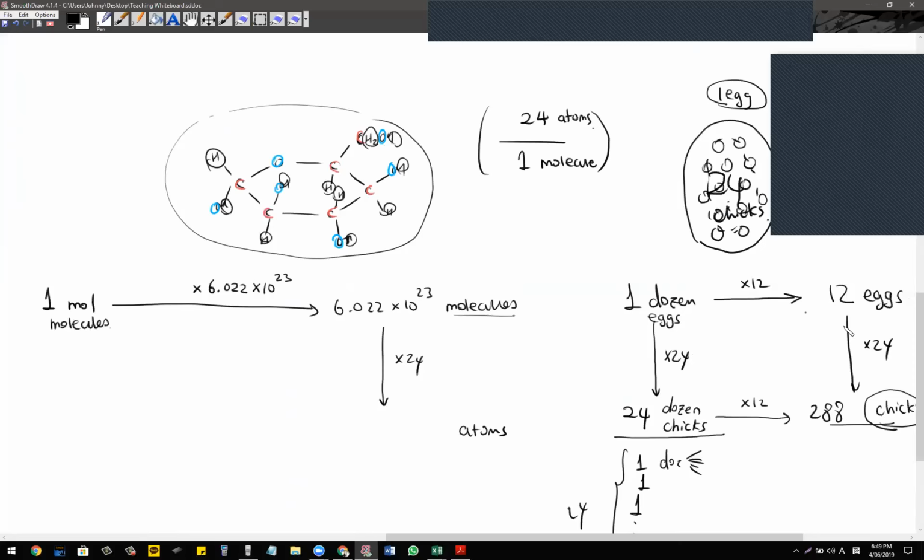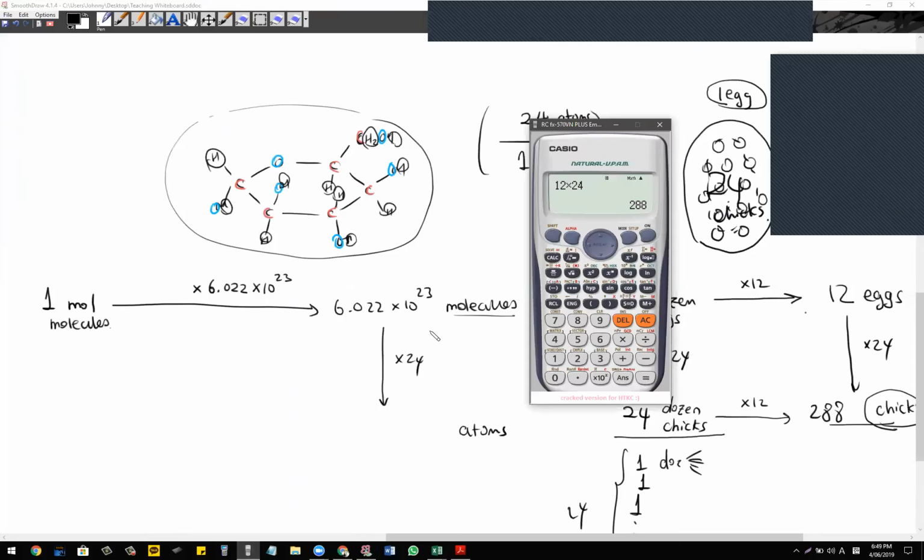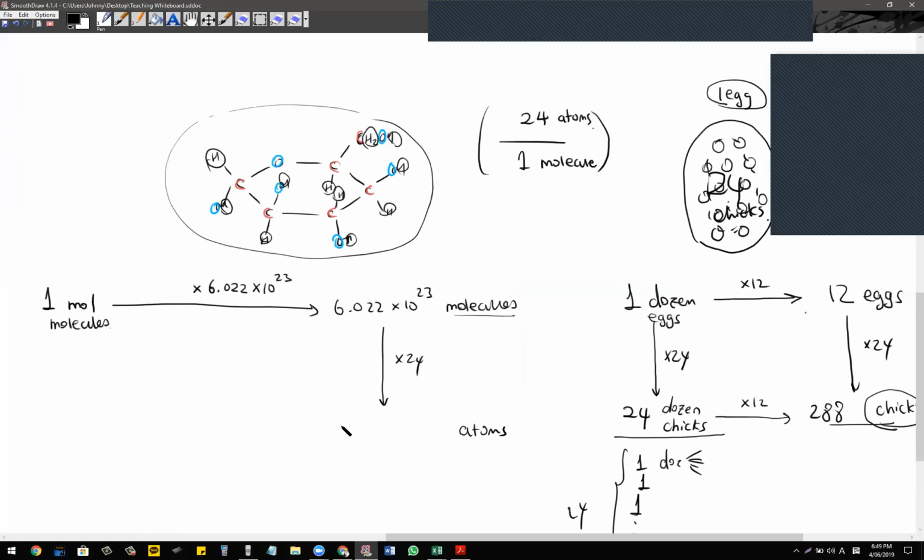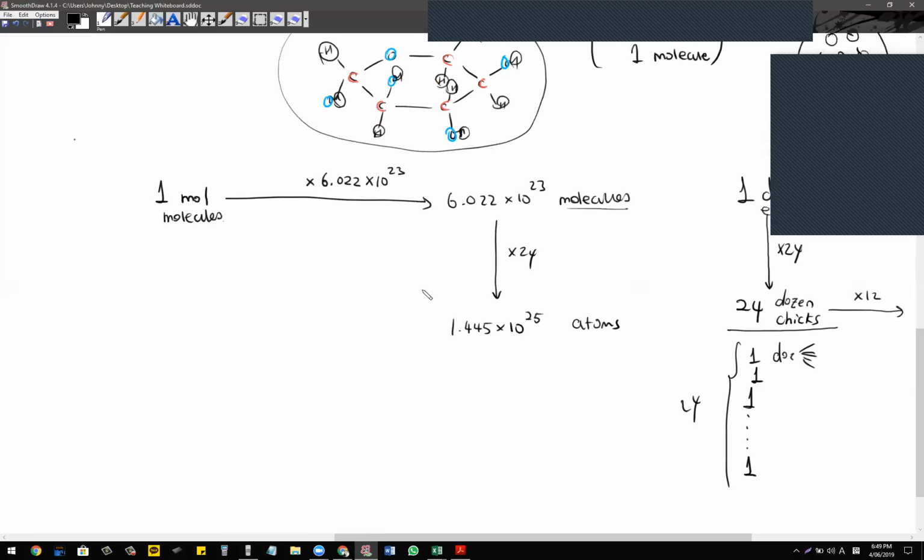It's very similar to this picture here. But definitely a lot more difficult to understand because the numbers are not very nice. Times by 24. Then we get 1.445 10 to the power 25 atoms. Okay, that's the answer.